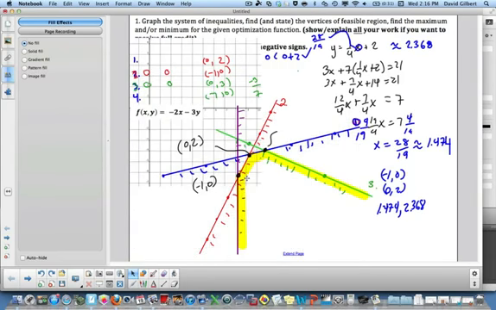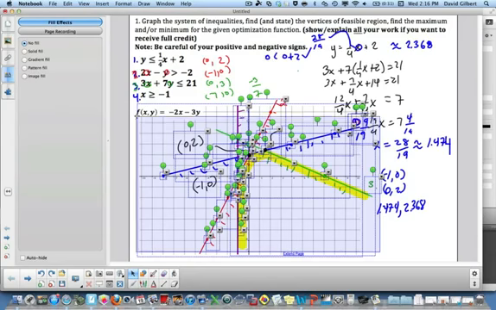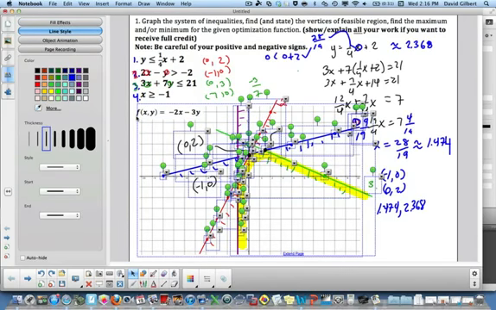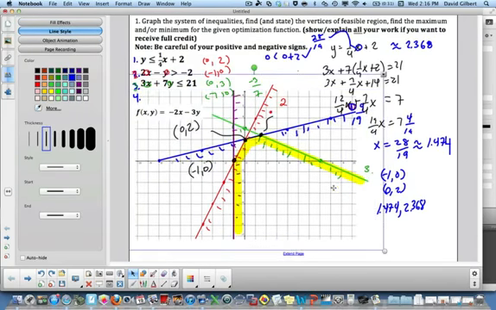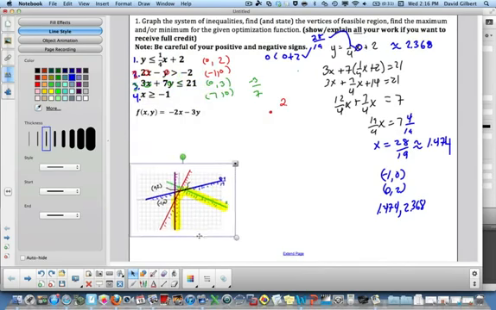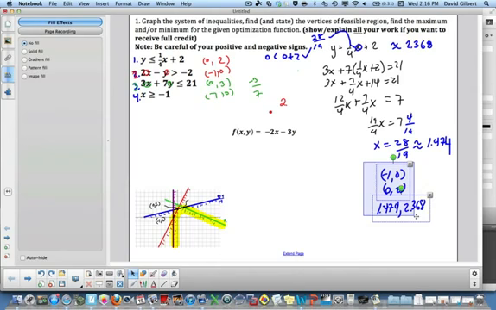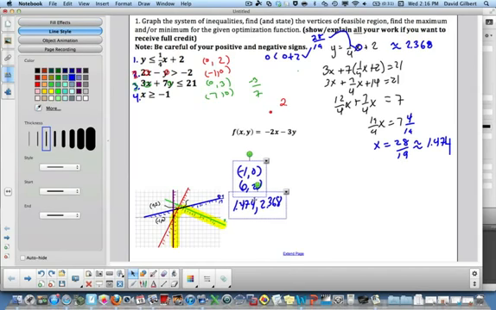in the max-min function. So I'm going to get some of this stuff out of the way, and then use our max-min function. Our 3 points are these, and I'm plugging them into this function here.